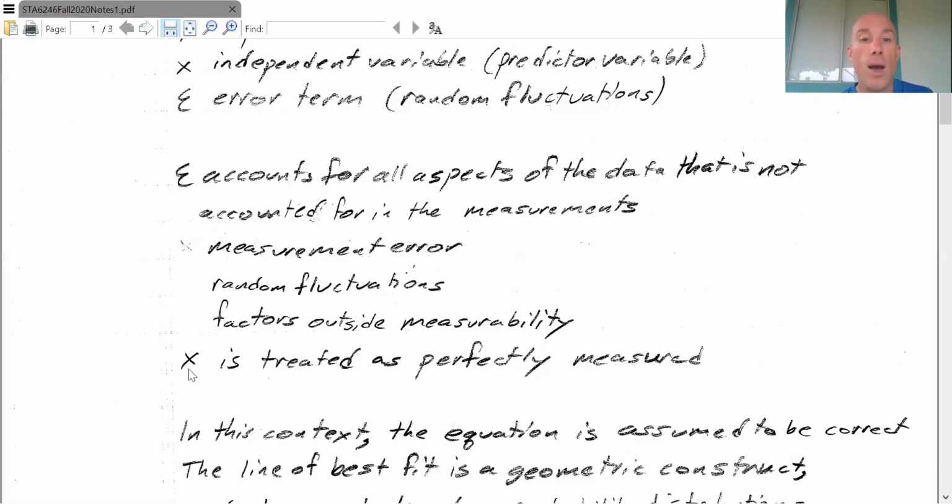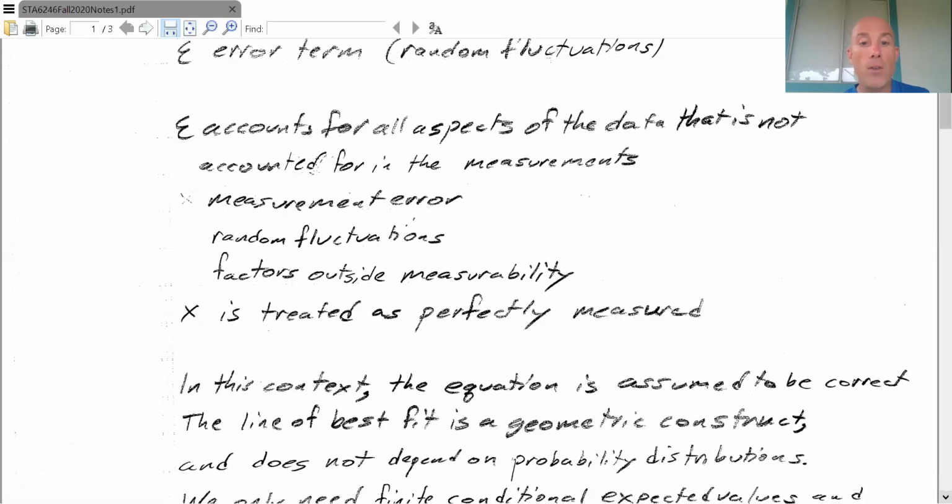We take the deviation between modeled y and y itself, not the difference between the modeled point and the observed point. If I was dealing with the modeled point and observed point, I would have x and y in there. We don't do that. We only focus on y because we assume that x is perfectly measured.